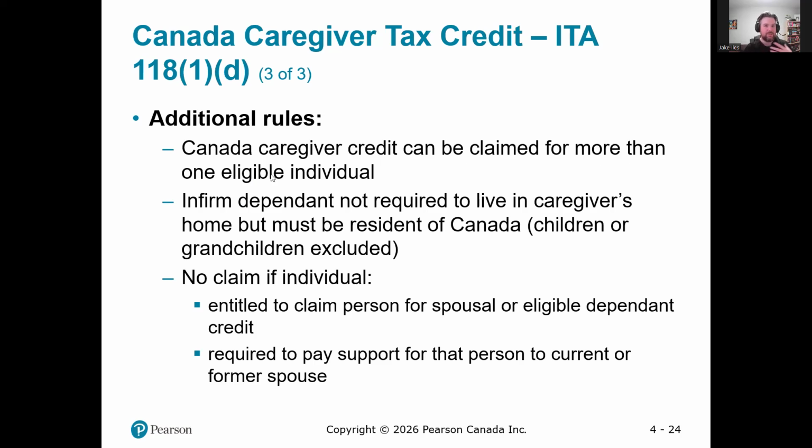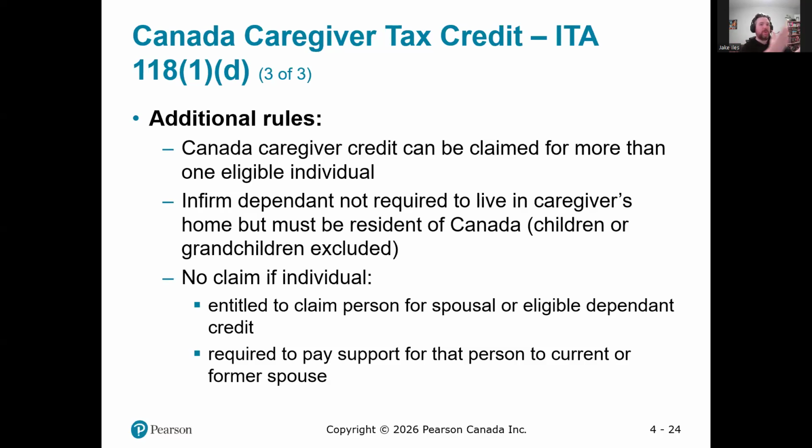The Canada Caregiver credit can be claimed for more than one individual. If I'm caring for my brother and my nephew who have, let's say, the same physical ailment, I can claim that I'm caring for both of them. The infirm dependent is not required to live in the caregiver's home, but must be a resident of Canada. There's no claim if the individual is entitled to claim the person for spousal or eligible dependent. So if I'm claiming them as a spouse or eligible dependent, that spousal claim is already including a caregiver amount.